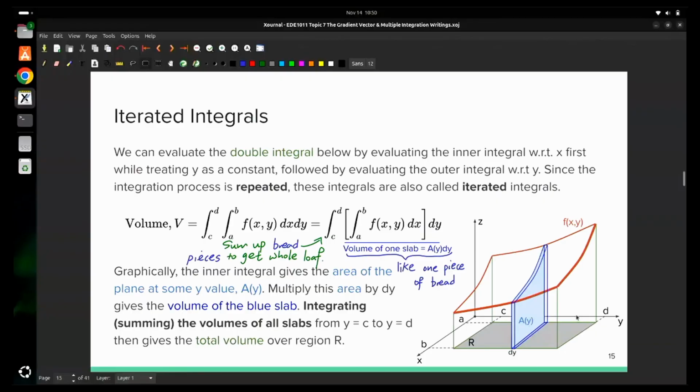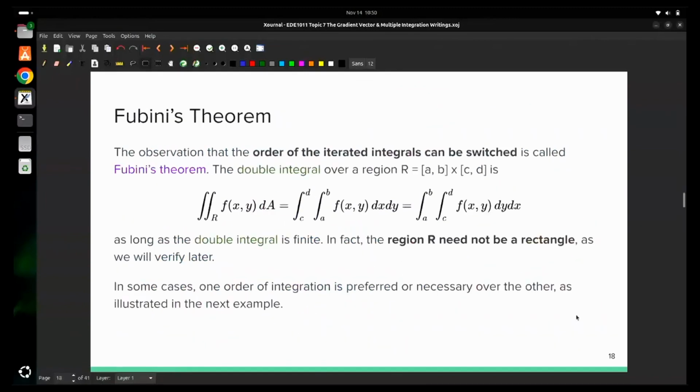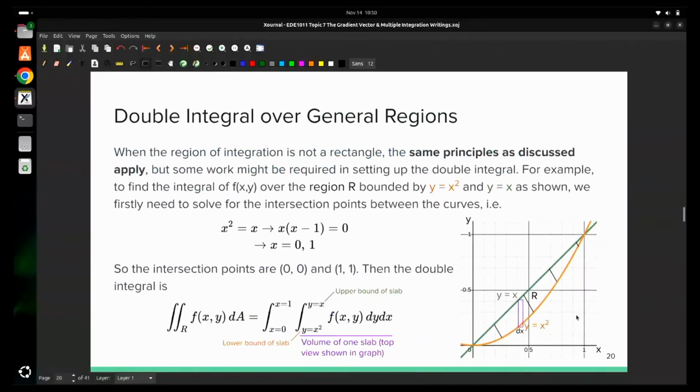When that is the case, you can swap the order of integration by just directly swapping the limits. But when the region of integration R is not some rectangle, then you have to be careful. I'm going to show you how this is applied.